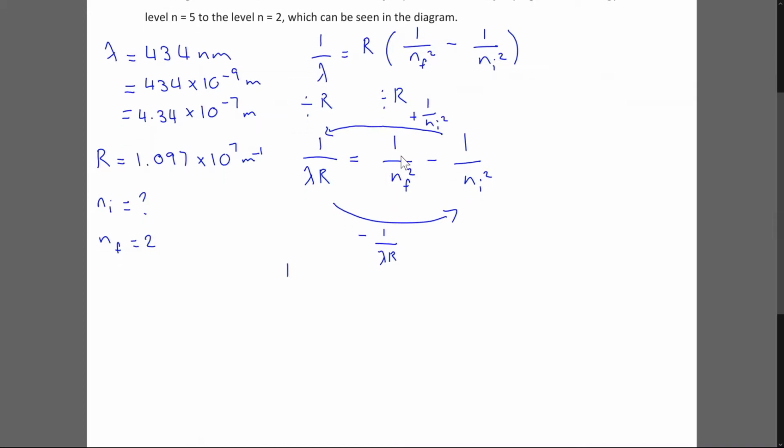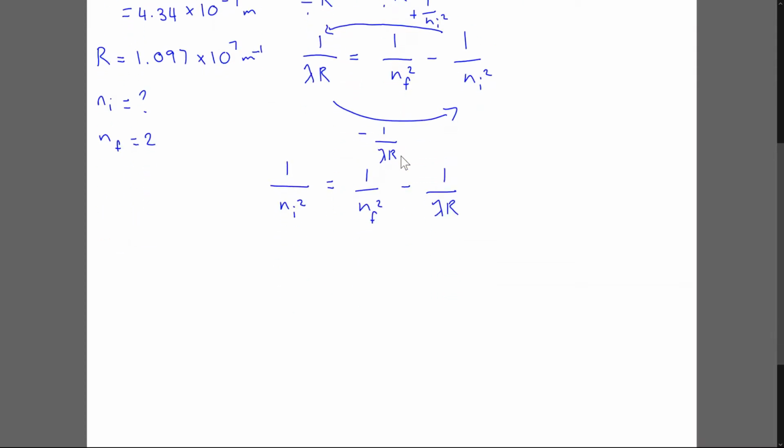So I get 1 over ni squared equals 1 over nf squared minus 1 over lambda R. Cool. Now I'm ready to start substituting numbers. Could do more manipulation, but I'm just going to do it with the numbers first.